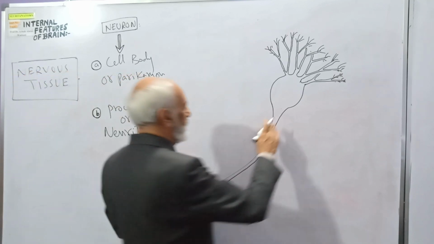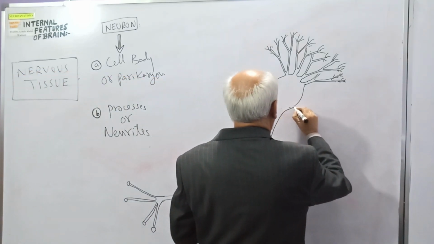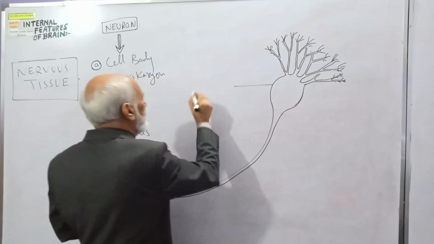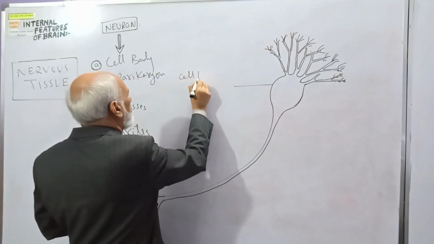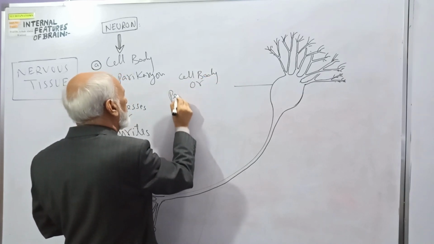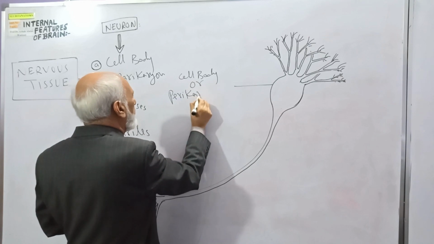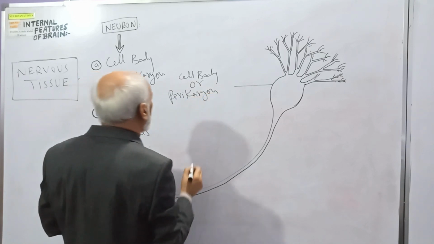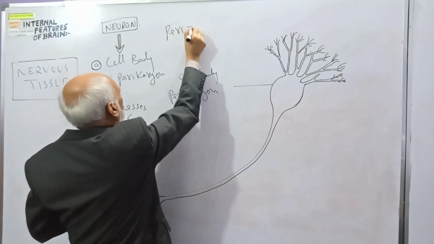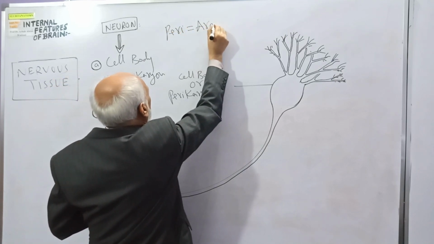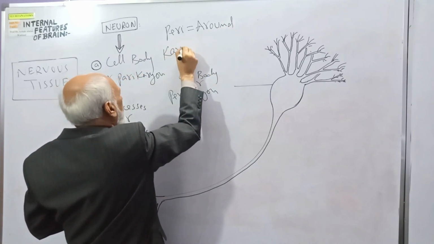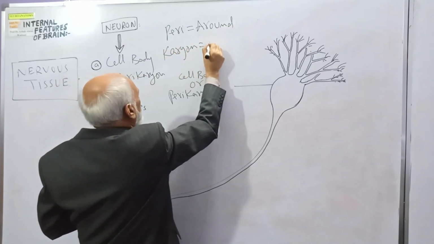Now this is structure of a neuron. Here in the center is cell body of neuron, also known as perikaryon. Peri means around. Karyon means nucleus.